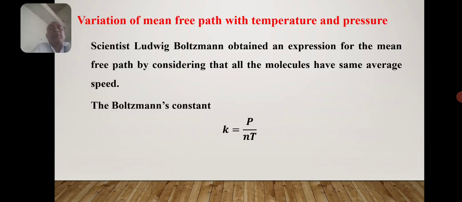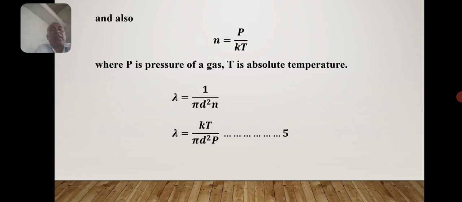Variation of mean free path with temperature and pressure. Scientist Ludwig Boltzmann obtained an expression for the mean free path by considering that all the molecules have the same average speed. Boltzmann's constant k equals p upon n into T, and by rearranging the above equation, n equals p upon kT, where p is the pressure of the gas and T is the absolute temperature.